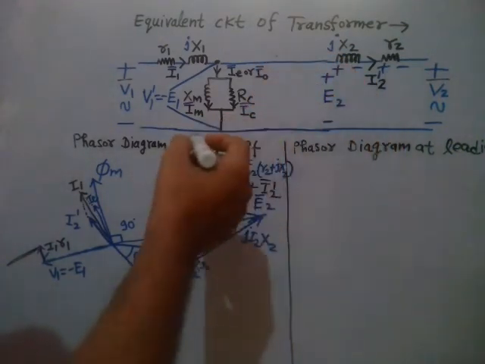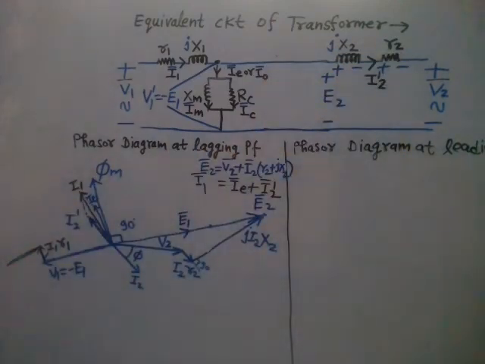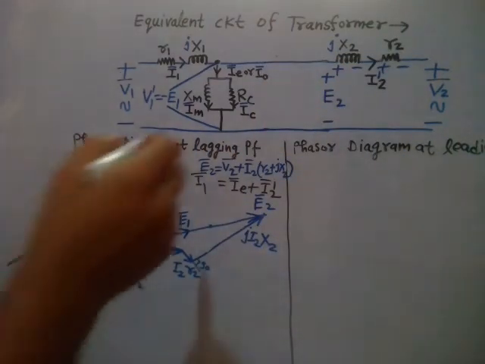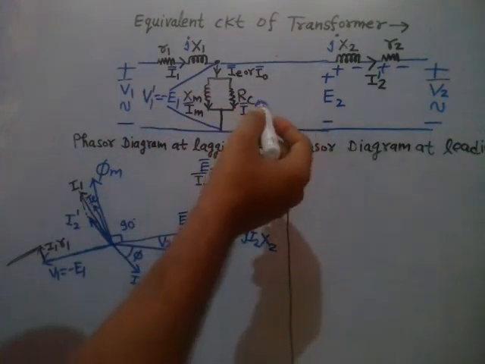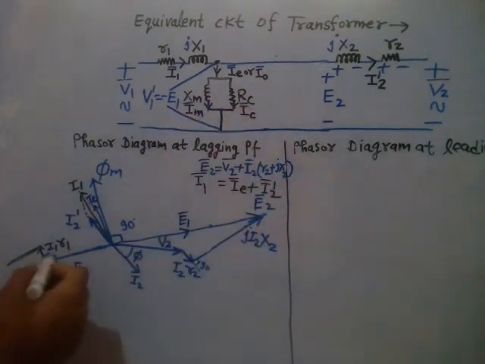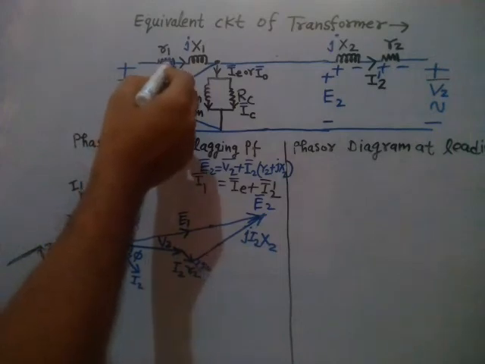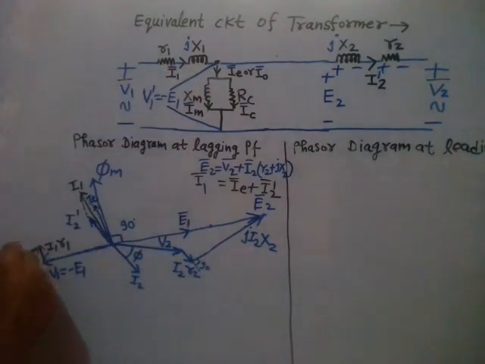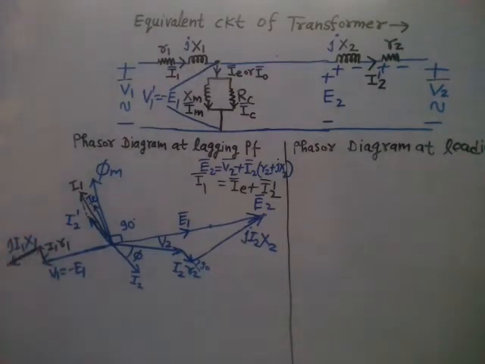So this is the circuit you are having, right? So I1 R1 plus j I1 X1. So you add this, it is j I1 times X1, right?